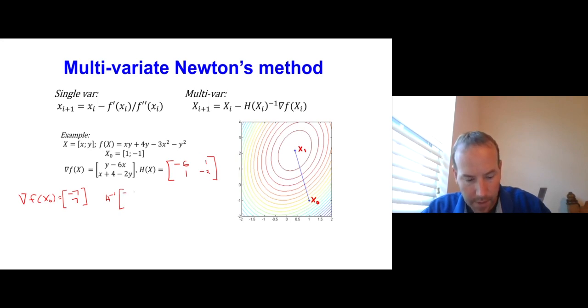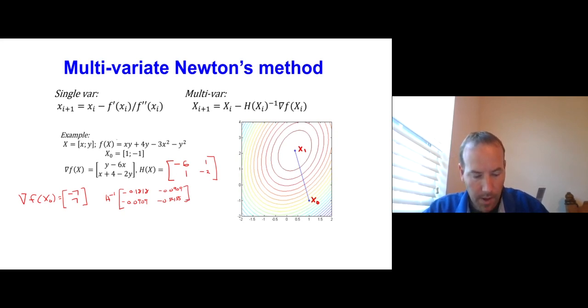So the inverse of that is 0.1818, -0.09, and so on. Okay, so that's the inverse of the Hessian.